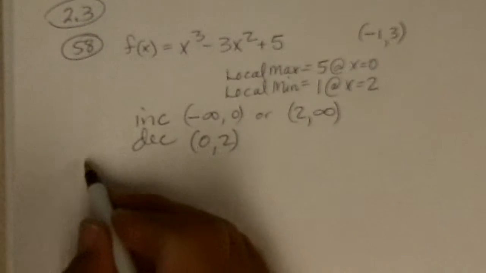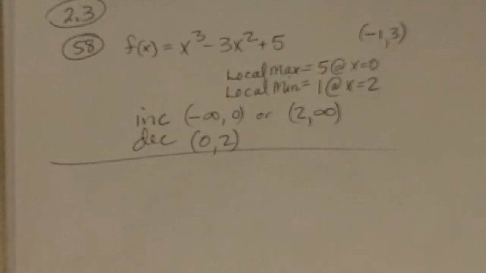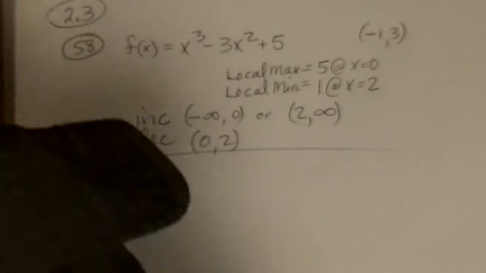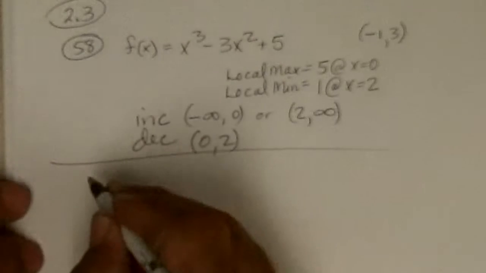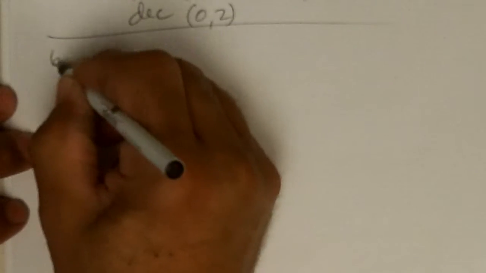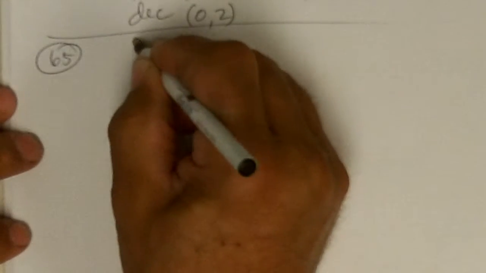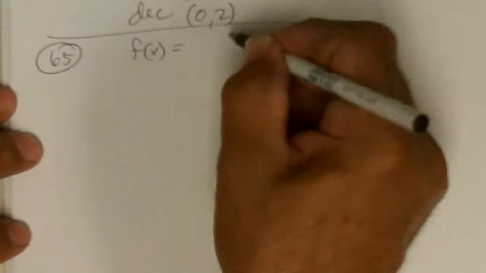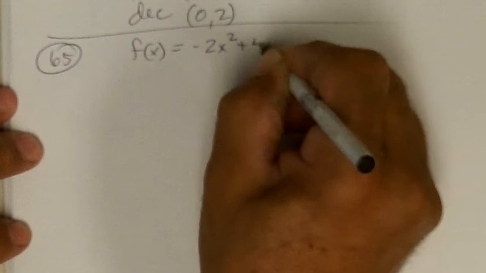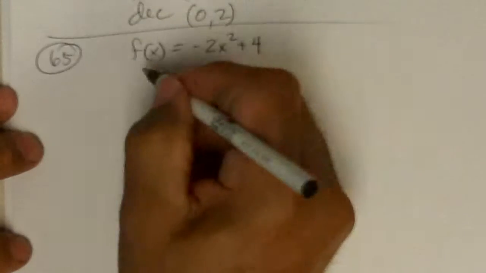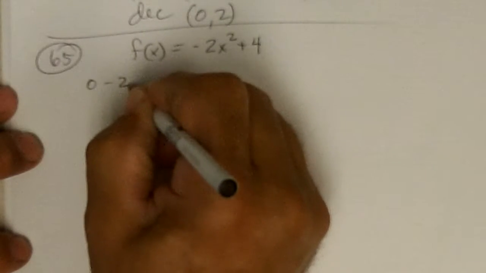That's 58. Then we're supposed to do 65. And 65 says find the average rate of change of f of x equals negative 2x squared plus 4 from 0 to 2.